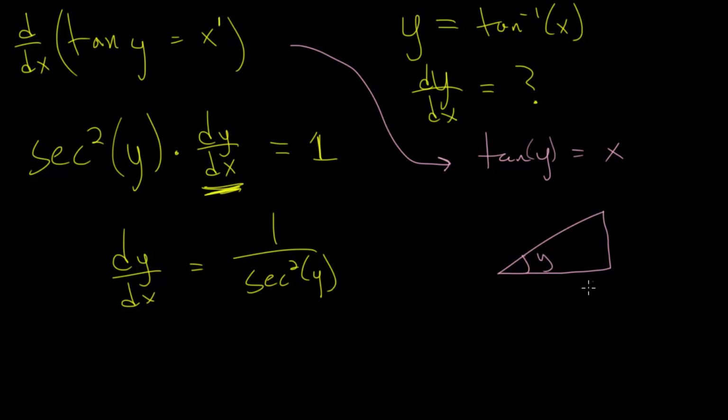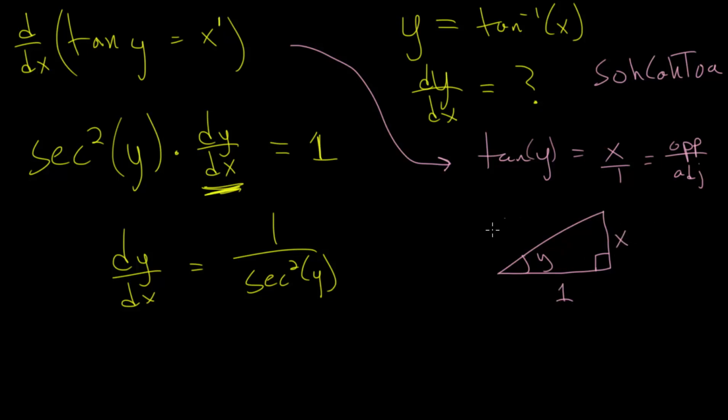So our angle is y. And we know that when dealing with SOHCAHTOA, the definitions for right triangle trigonometry, the tangent is the opposite side divided by the adjacent side. If we set this up as a ratio, x would be the opposite side and 1 would be the adjacent side. So opposite the angle, we have x, and adjacent to the angle, we have 1.